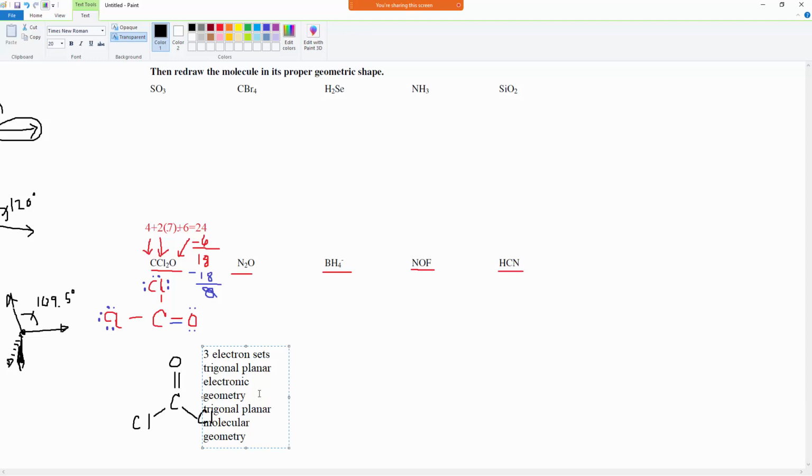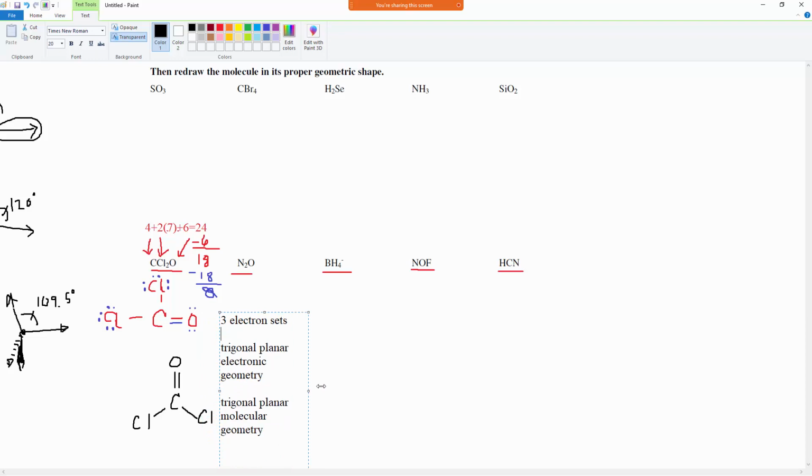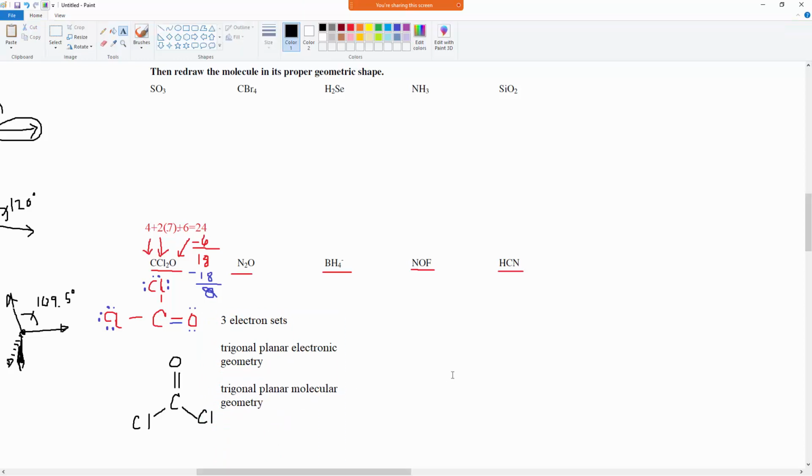It feels like you've got a lot of space to write this, but once you realize how much work has to be done, it doesn't feel like enough space at all. So you might take a couple of pages, or you might do a shorthand, do your Lewis dot structure on a different page, however you like. Does this make sense for CCl2O?